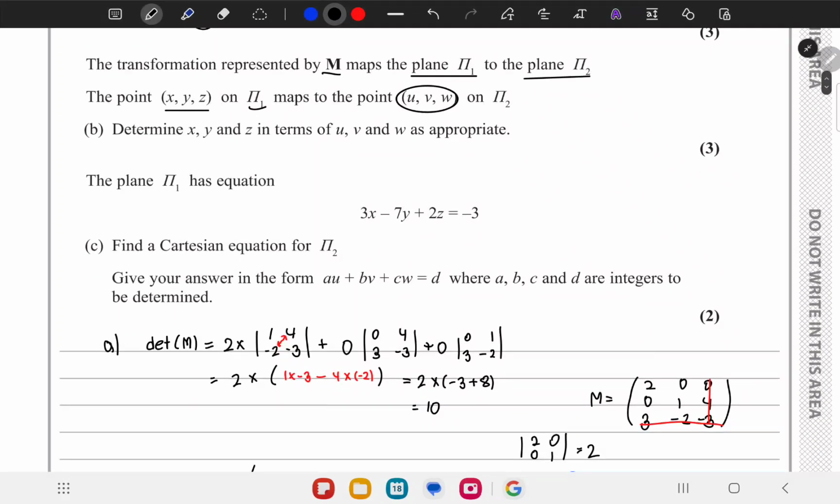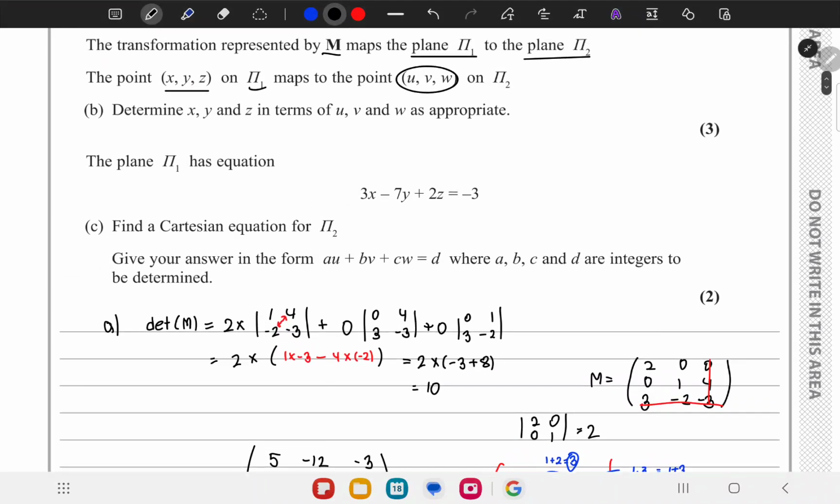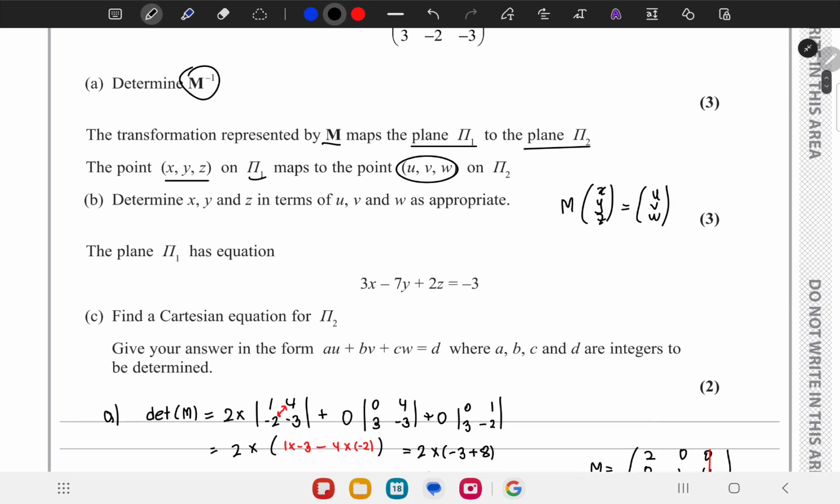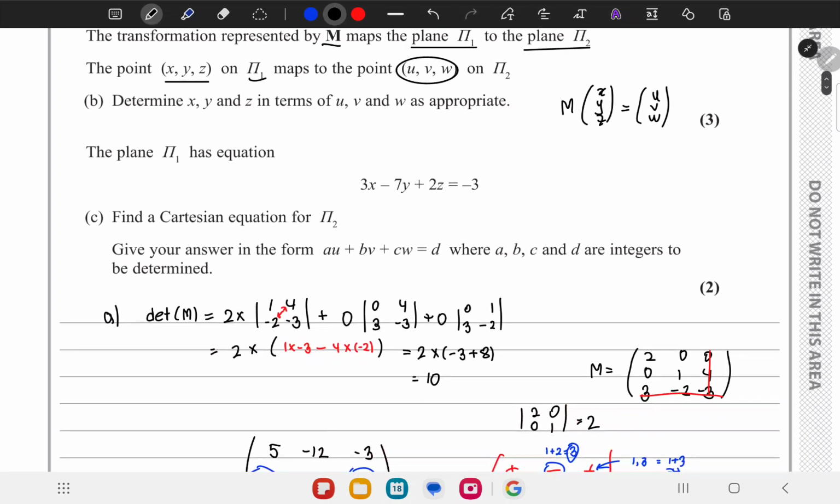So if I multiply x, y, z with M, I get uvw. Now since we already know M inverse, we have two approaches to this. We want our x, y, and z in terms of u, v and w, so alpha u plus beta v plus gamma w.